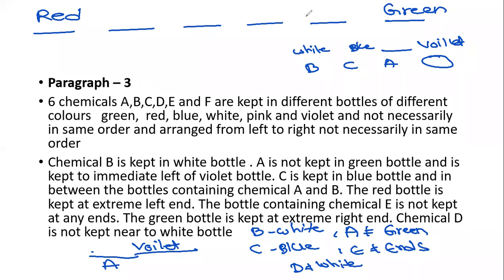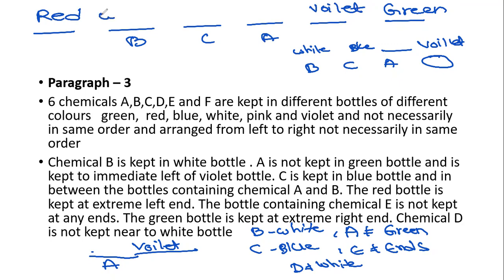No condition is being violated, right? So this is possible. If you want to start from here, that is not possible, guys: B, C, A and violet, already green is there. You can directly take this B, C, A, violet and place it in the remaining 4 places. Here B, C, A and here violet color will come.